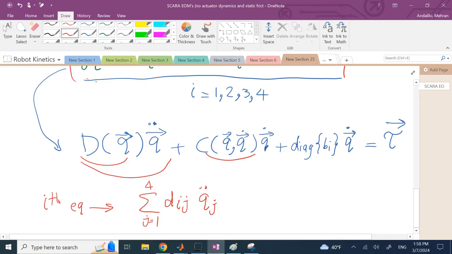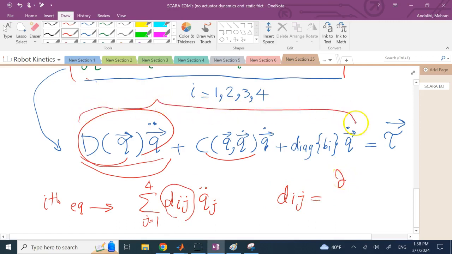Okay, yeah, that is going to be this one here. So if I want this Dij, what should I do? All I need to do is to take partial derivative of the left-hand side of the ith equation.